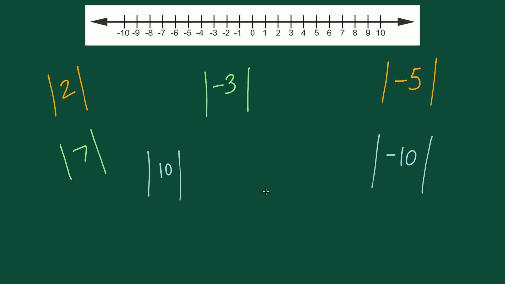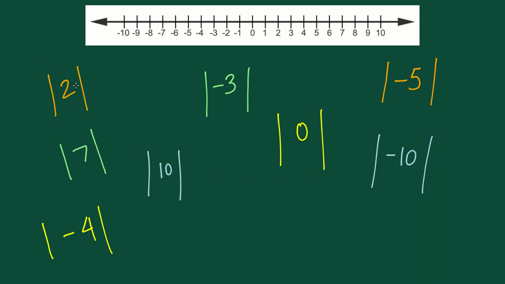And lastly, how about the absolute value of 0 and the absolute value of -4. Okay, let's just do these real quick, okay? So all of these are absolute values. So all of these, we want to know how far from 0 are these numbers.